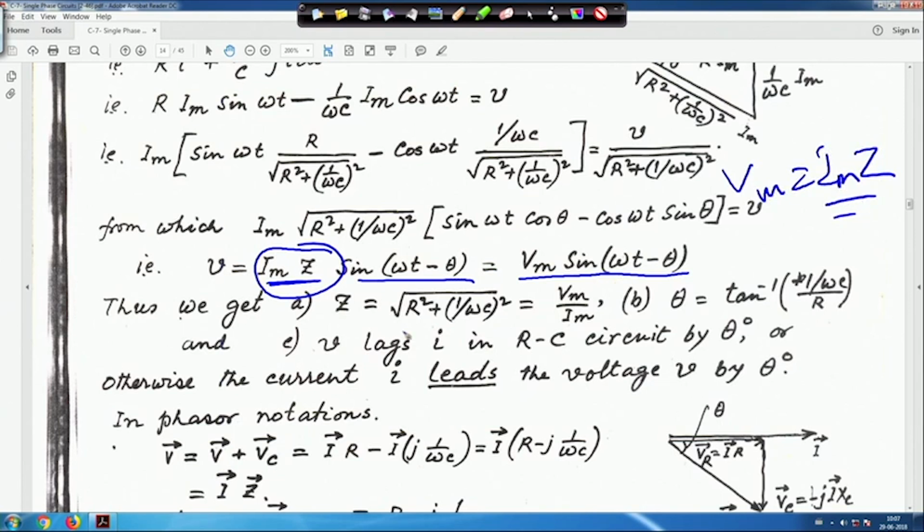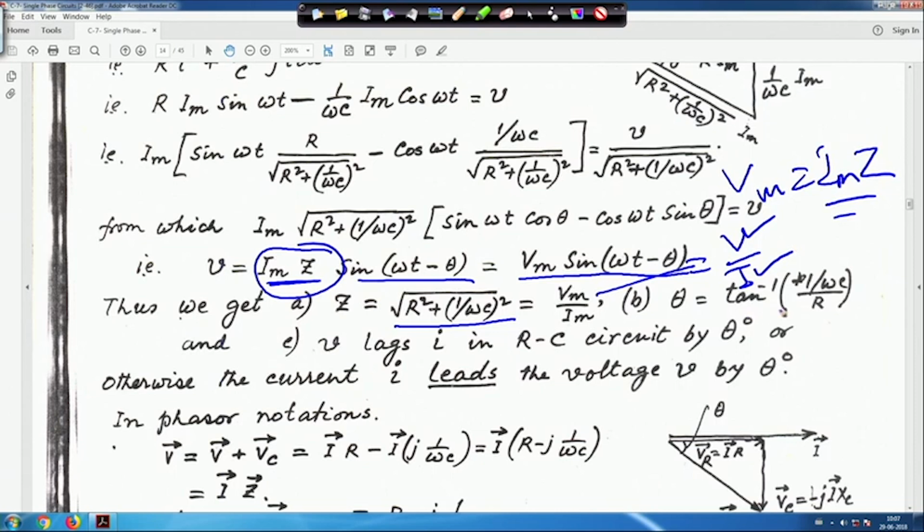Thus we get Z equals root over R square plus 1 upon omega C square, which is also equal to Vm by Im, equal to V by I, where V and I are the RMS values. Earlier I told you this is also equal to V upon I, where V and I are RMS values. Wherever we solve numericals, we will use mostly only RMS values.